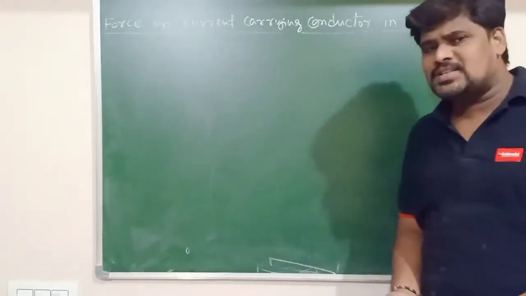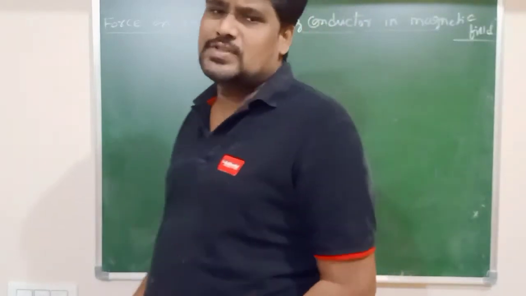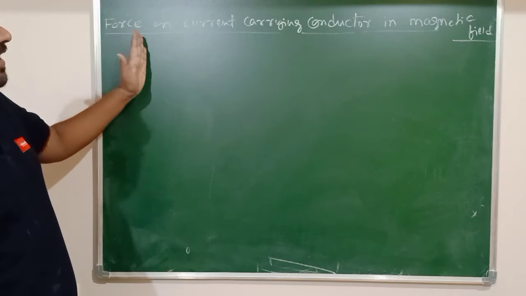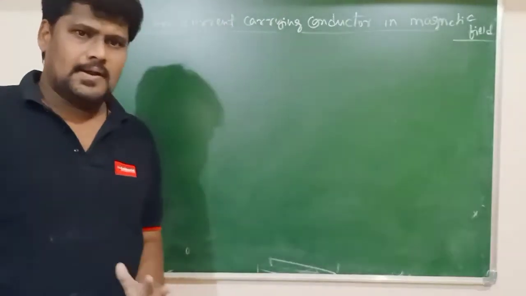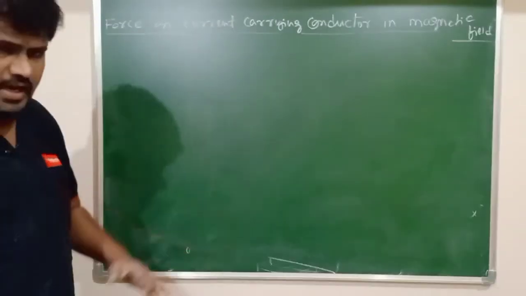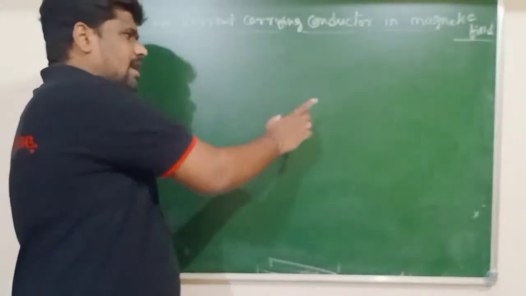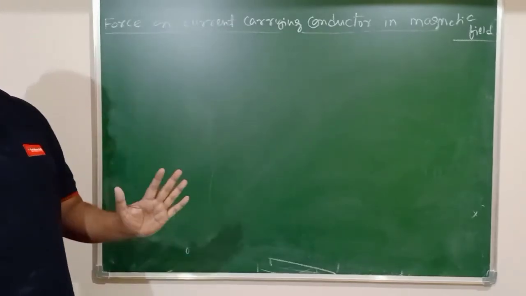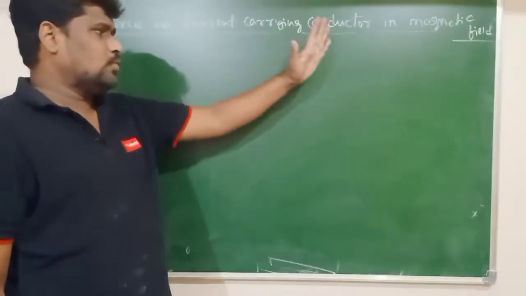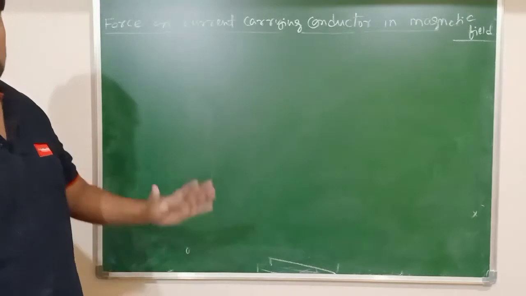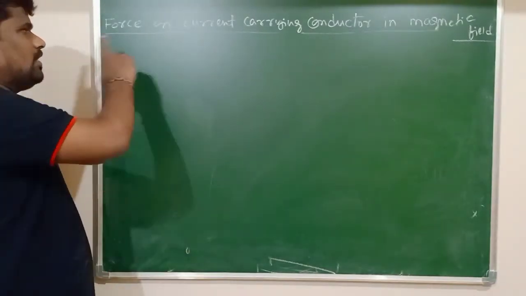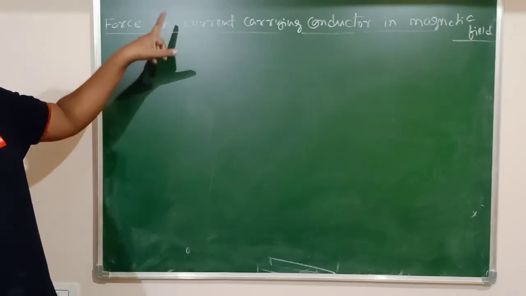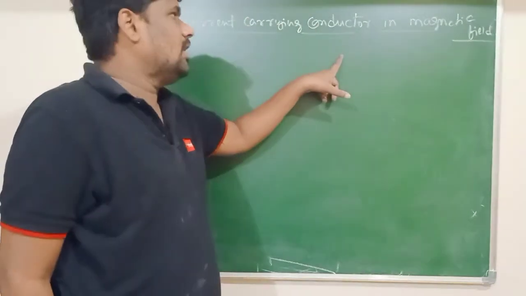When moving charges are experiencing the force in the magnetic field, definitely if we consider any current carrying conductor and place it inside the magnetic field, that conductor is going to experience which force? Magnetic force. Therefore our discussion is we are calculating the force on current carrying conductor which is placed in the magnetic field.